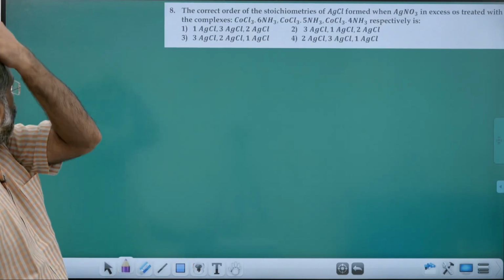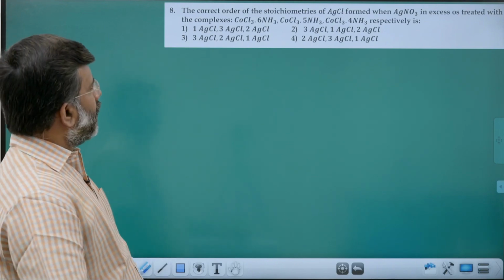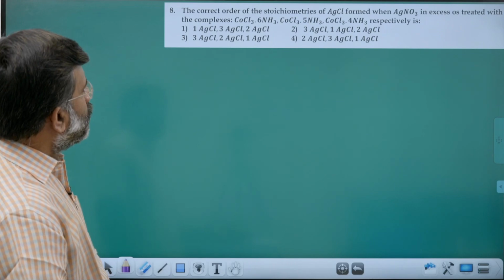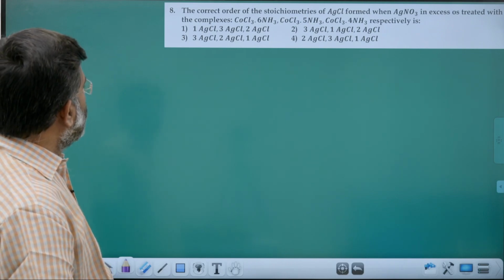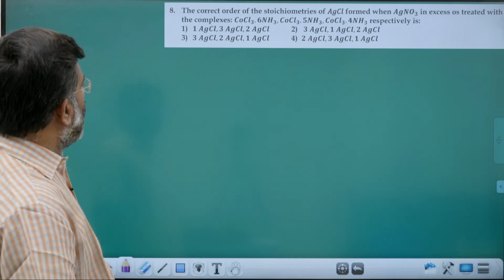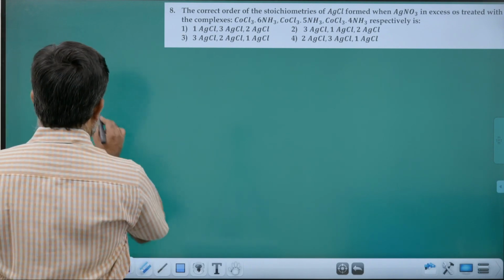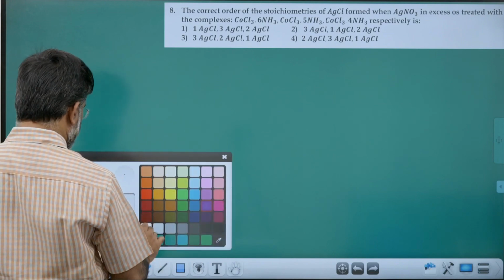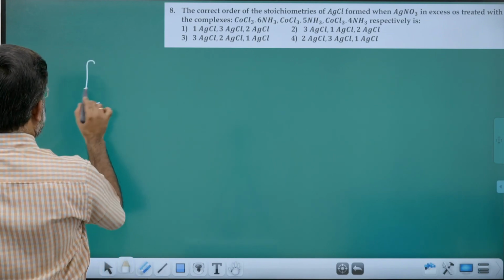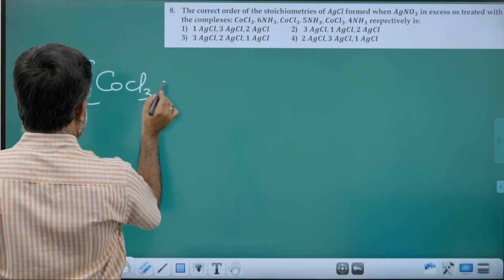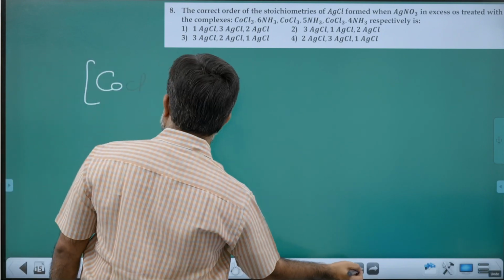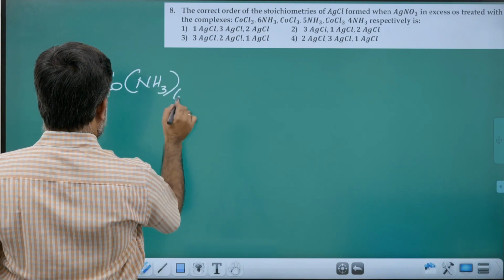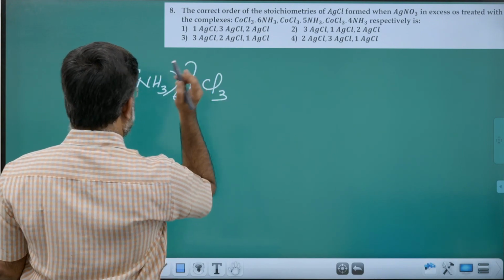Correct order of stoichiometries of AgCl formed when AgNO3 in excess is treated with the complexes CoCl3·6NH3, and so on. It will be like this. CoCl3·6NH3 will be [Co(NH3)6]Cl3.